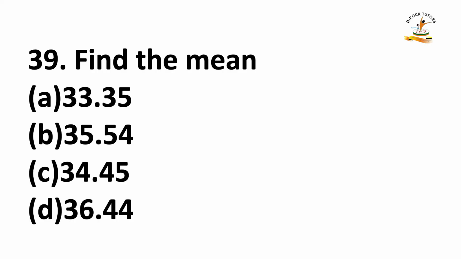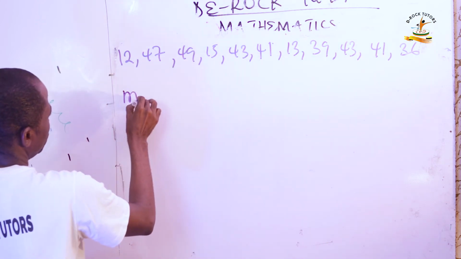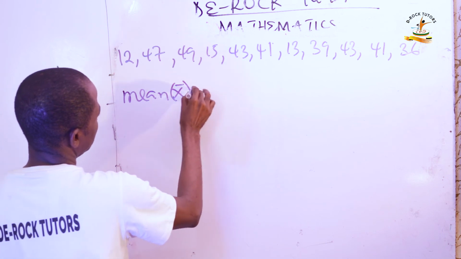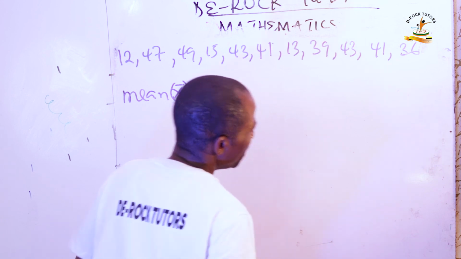We have to find the mean of the set of numbers that we just dealt with. If you want to calculate the mean, don't forget the mean, usually represented by this sign, is equal to, we add all of them and we divide it by how many they are.